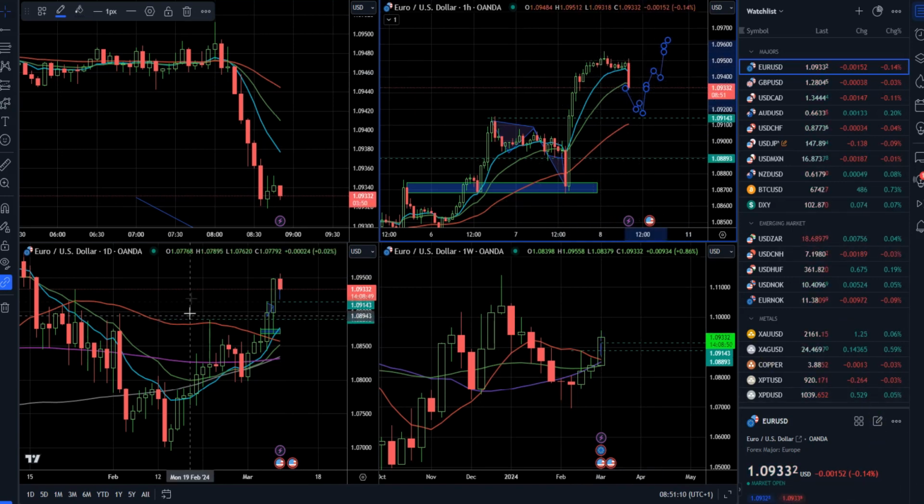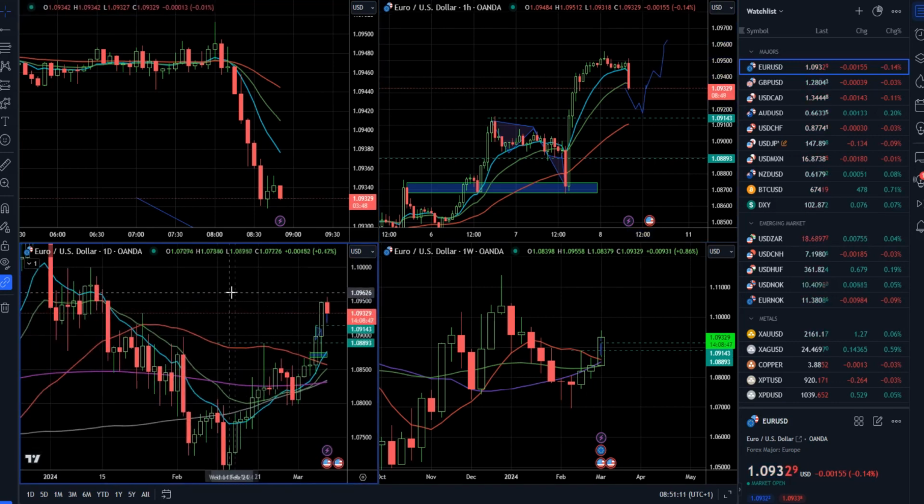So pay attention to that scenario, and the next upside objective is around the 1.0970 mark on the euro dollar. But so far this morning we have a downside movement, so it's more like a correction based on yesterday's rally.